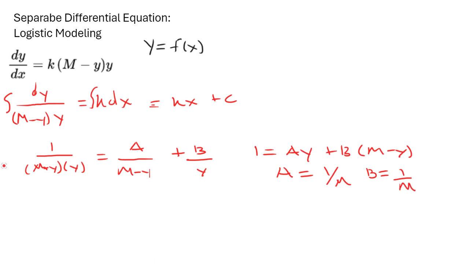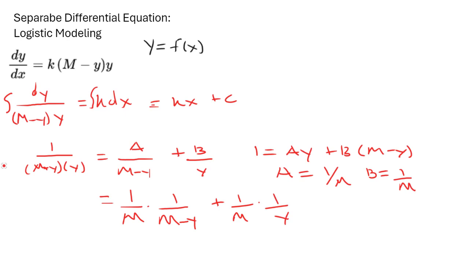Okay, so what happens here is that this becomes 1 over m times 1 over m minus y, plus 1 over m times 1 over y.